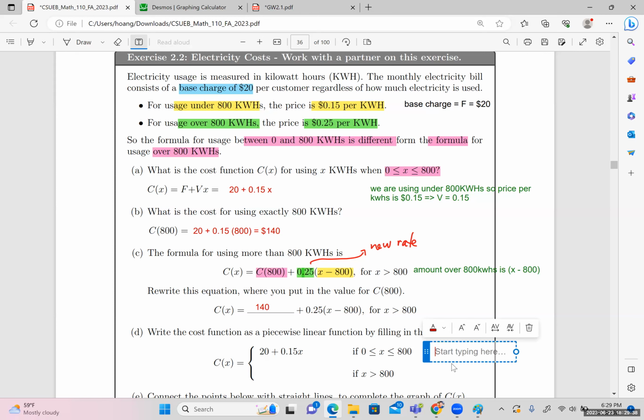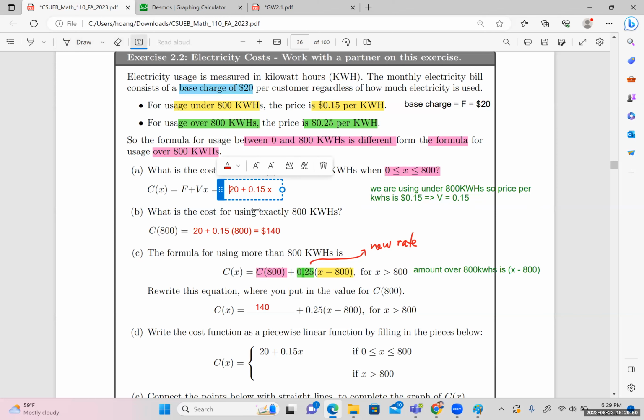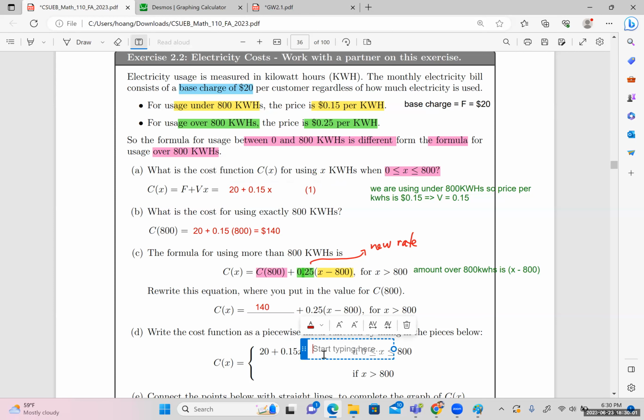The first piece, let me say here, using the first part as part one. See part one here, all right?